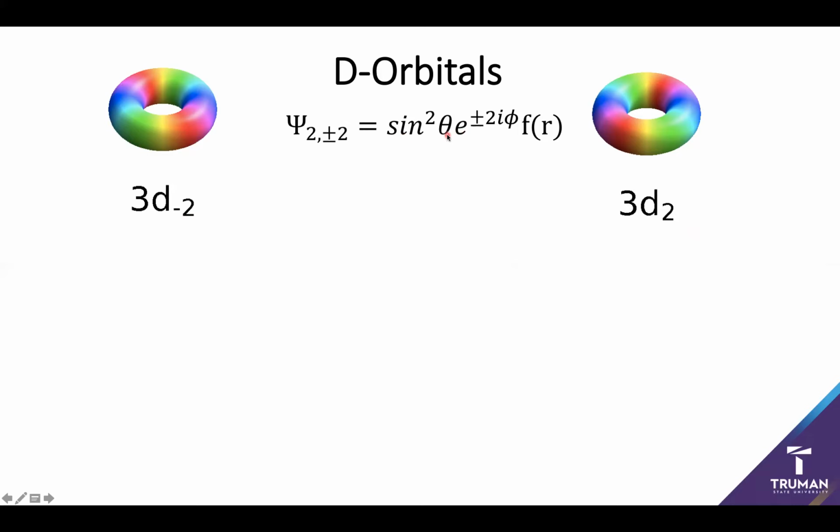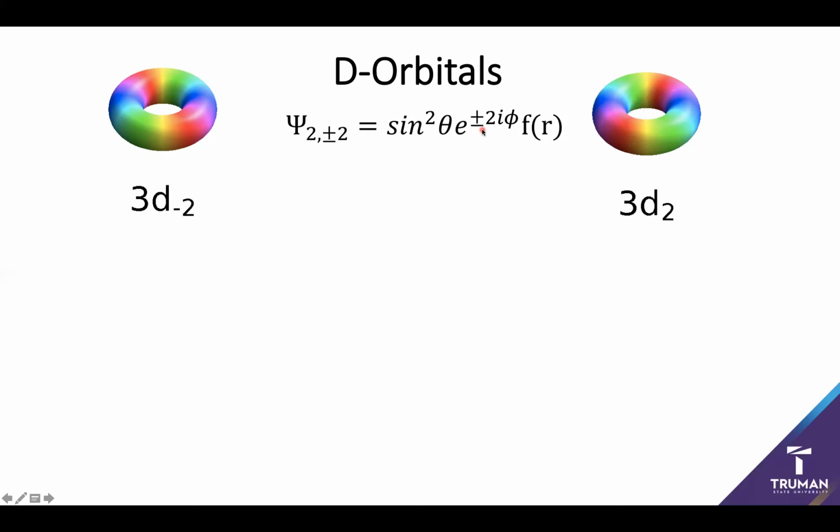For sine squared theta, I'm going to have my largest probability density when theta equals pi half, so again, along the xy plane. And very little probability density when theta goes to 0 or pi, so essentially near the z-axis, which helps push my system further out into this ring shape.